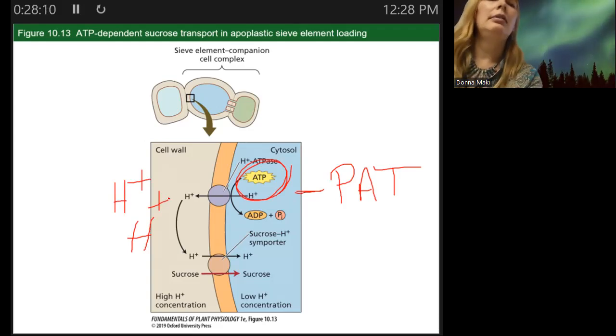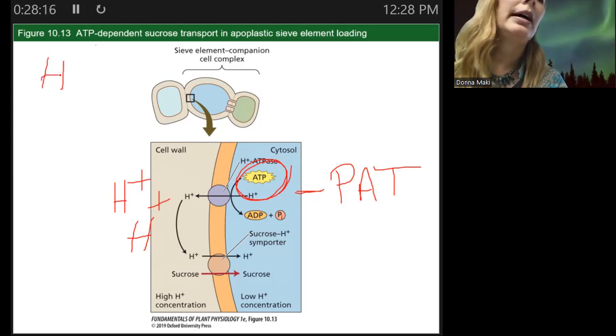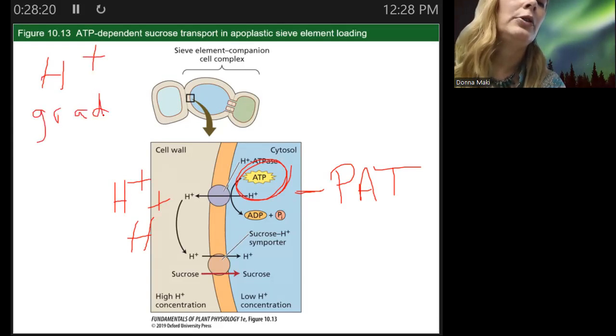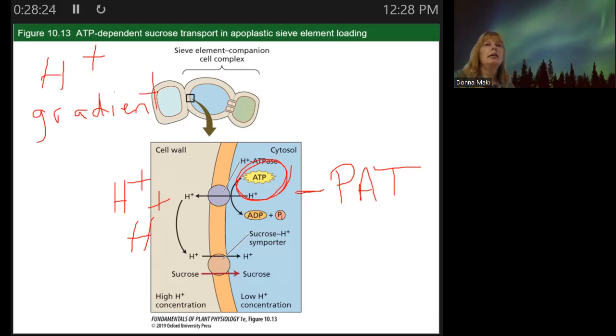So then you get a proton gradient. So that's awesome. If you can create a situation where you get a proton gradient, that's potential energy that you can use to do something with. In this case, they're going to do secondary active transport.